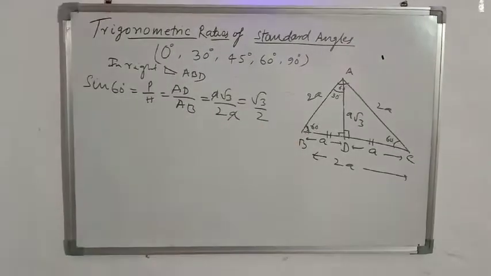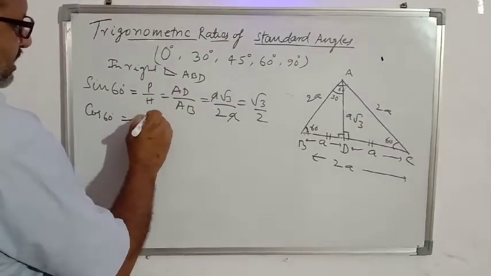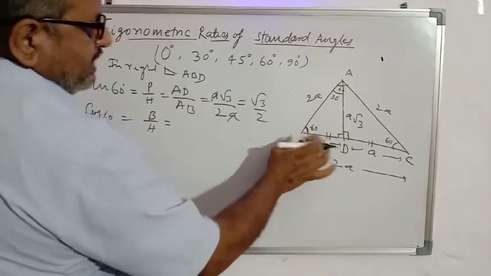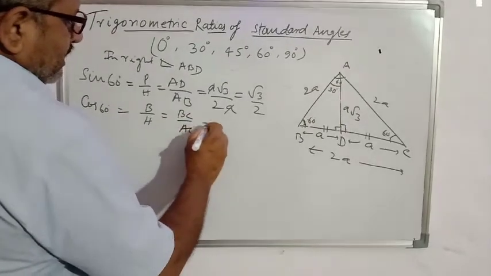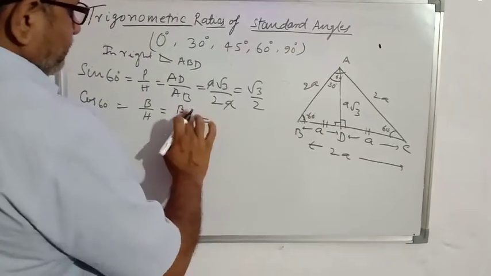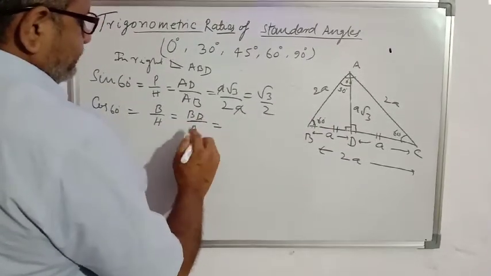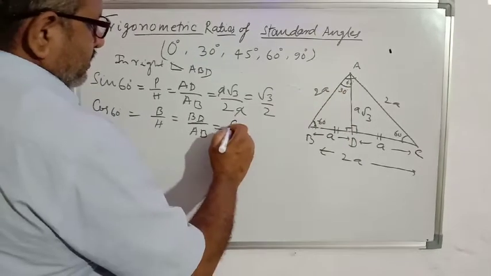Similarly, we can find cos 60 degree. Cos 60 is base upon hypotenuse. What is base? Base is BD, hypotenuse AB. So BD by AB. BD is A, AB is 2A.